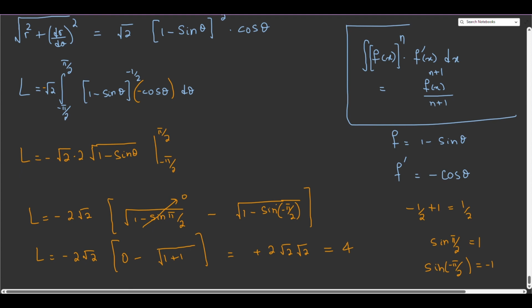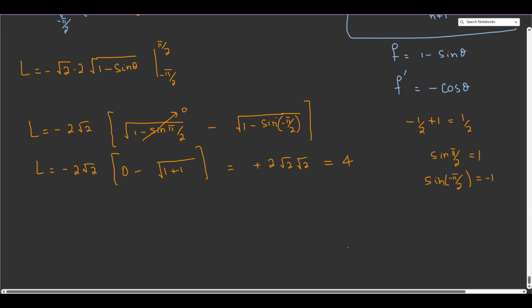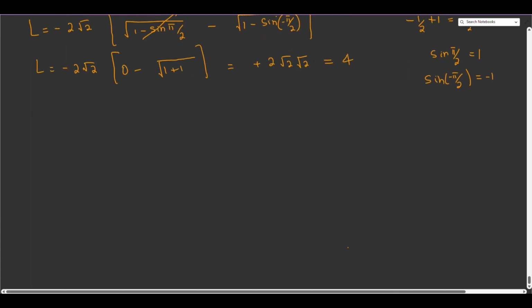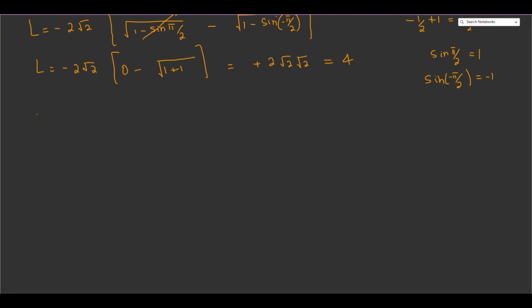But what will be the total length? Because this is the length of only the right portion. So you can write the total length as 2 multiplied with 4, and that is equal to 8.